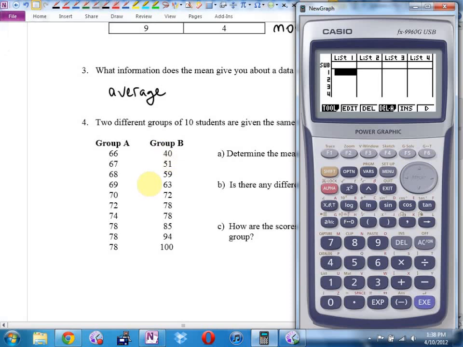So, you there? Following along? By the way, do not suddenly just say, I'm going to do this all by hand. So you get this screen, you clear the list. Okay. So group A, 6.